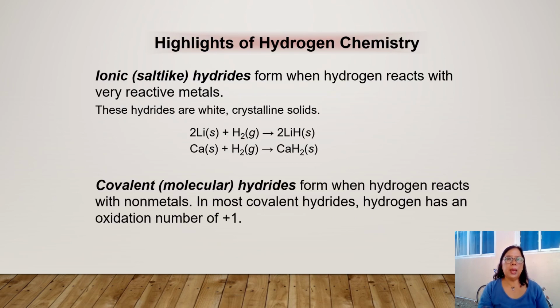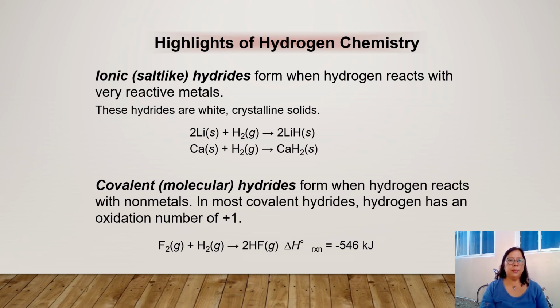Okay, these are the highlights that made hydrogen popular in chemistry, because it could work as ionic hydrides when hydrogen reacts with reactive metals. So you have the white crystalline hydrides of lithium and calcium for various commercial purposes.